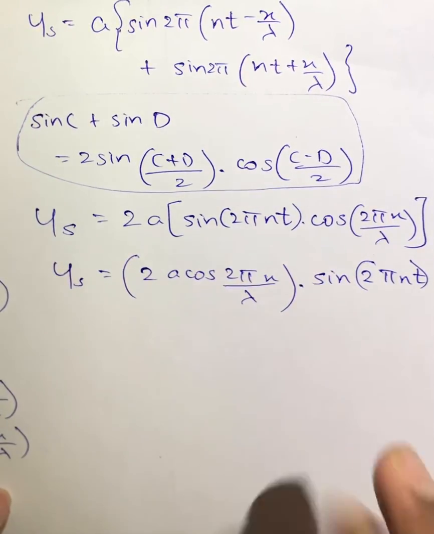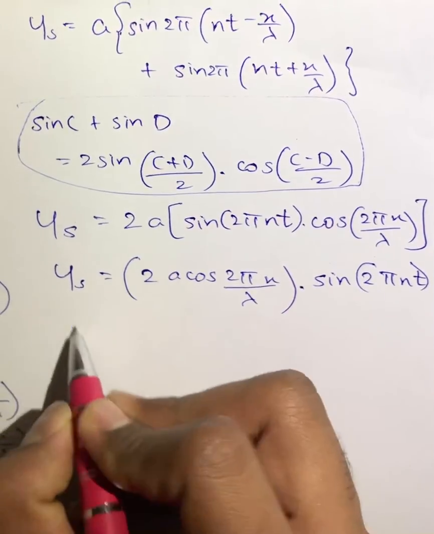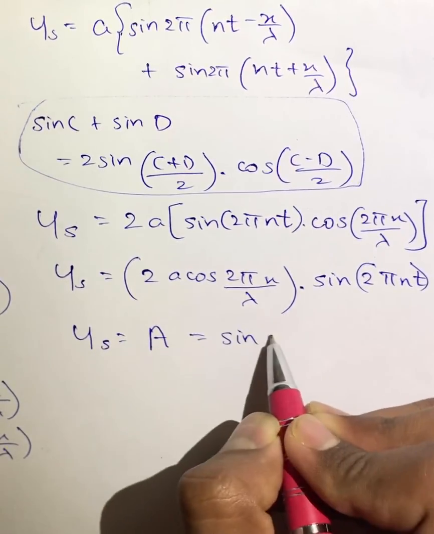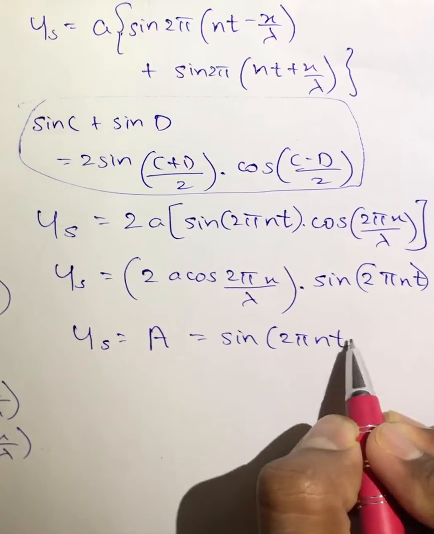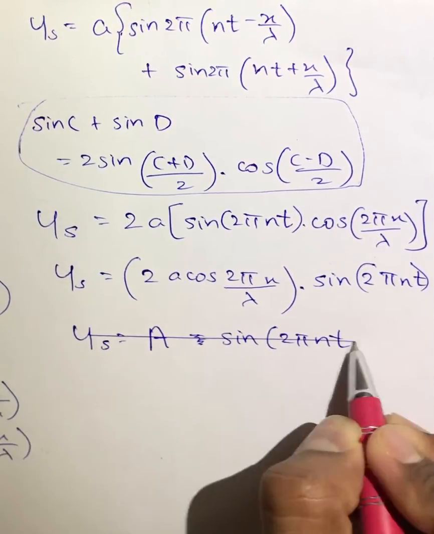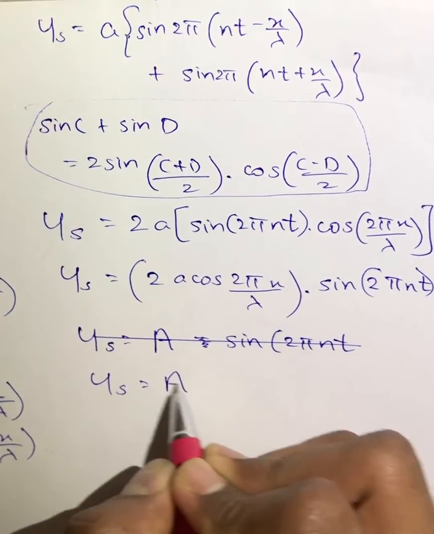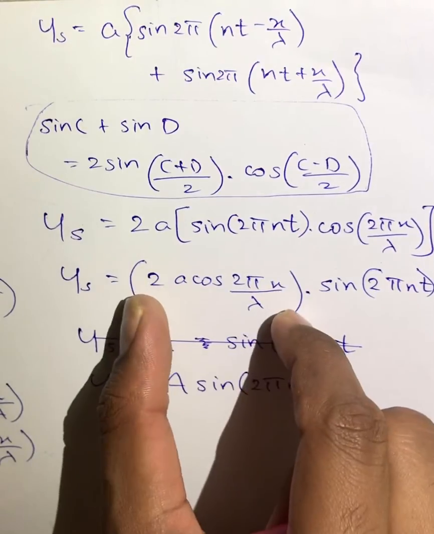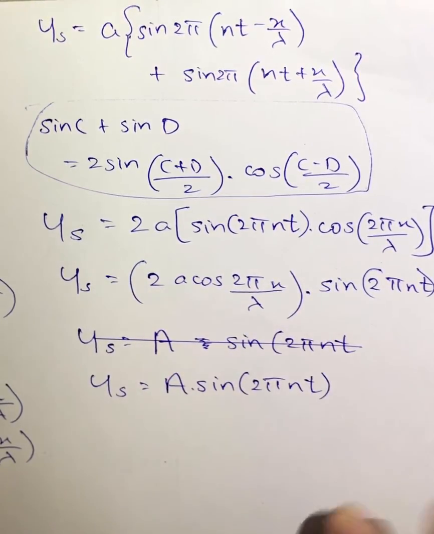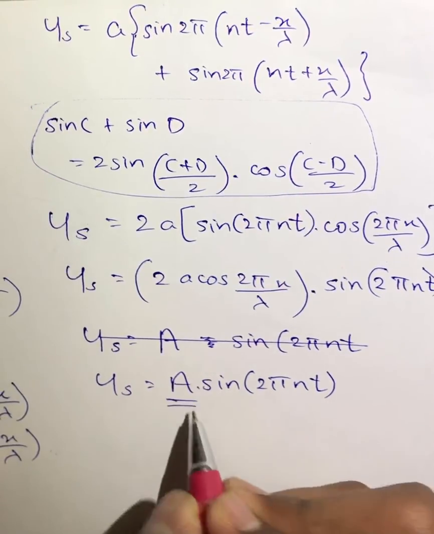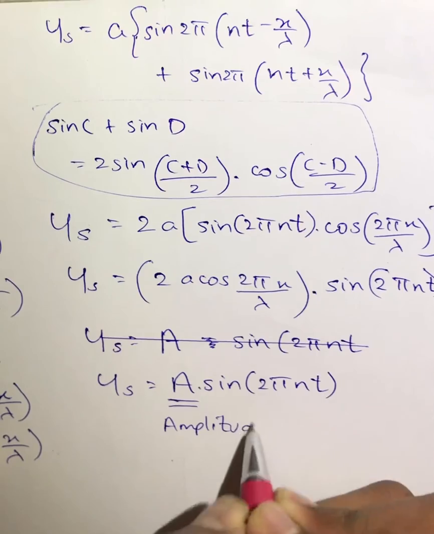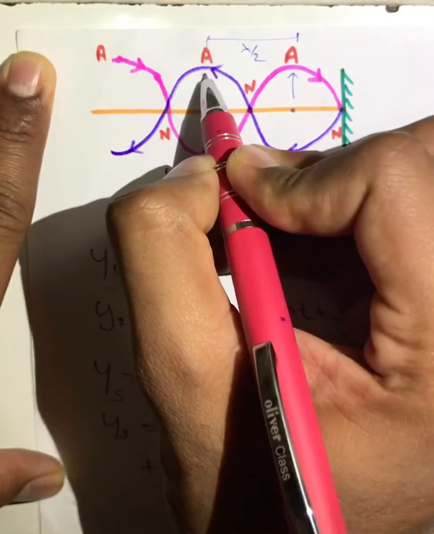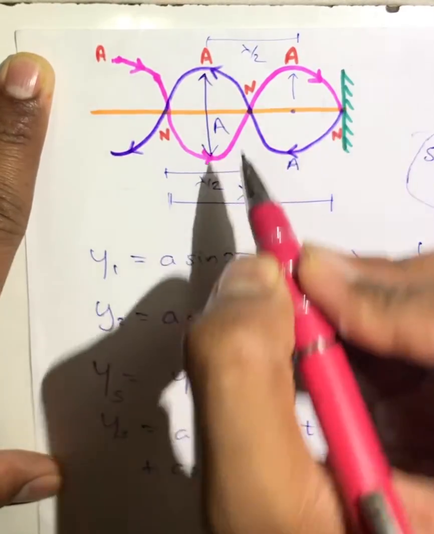Now let's replace this whole term by capital A. So y is nothing but equals A sin 2 pi nt. Just substitute this whole term with A. What we get is A into sin 2 pi nt, where this A is nothing but the amplitude of the stationary wave. This whole term is the amplitude of the stationary wave.